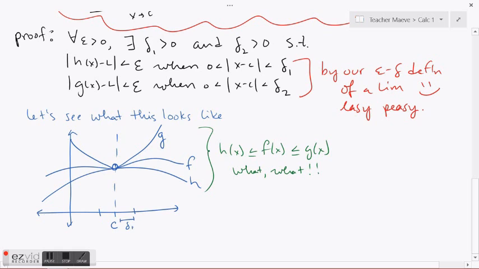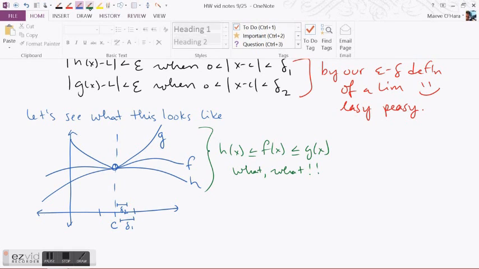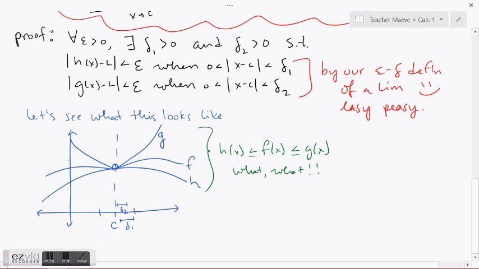So remember, we've got this kind of delta 1 and this delta 2 somewhere around our c, right? It doesn't really matter which one is bigger than the other one, but the delta 1 is our delta that goes along with our limit of h of x, and the delta 2 is the one that goes along with our limit of g of x, and they exist, and there's some sort of interval around c.